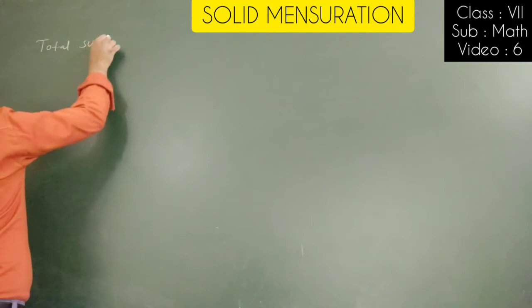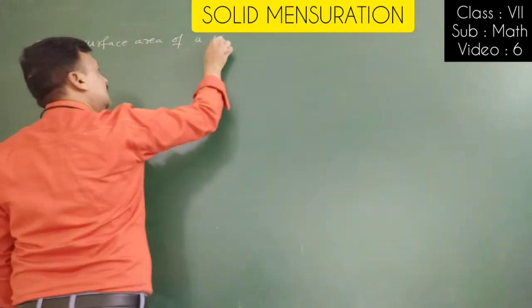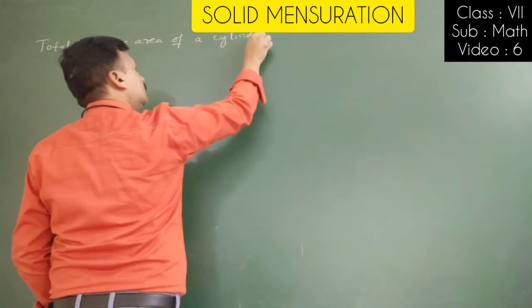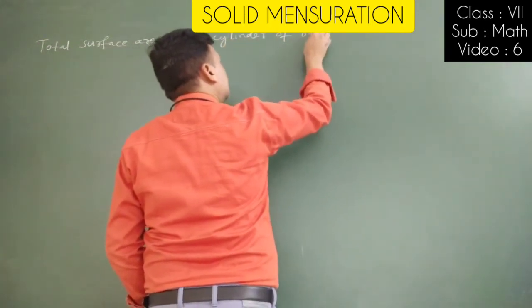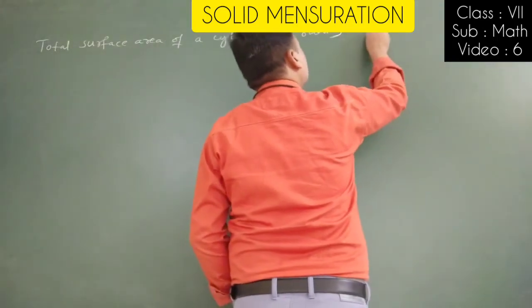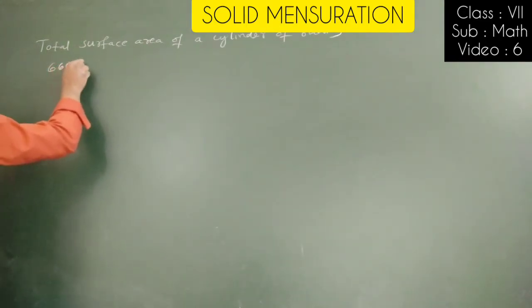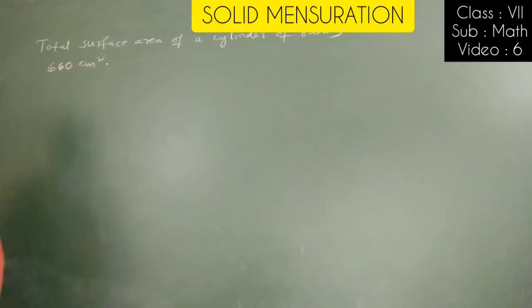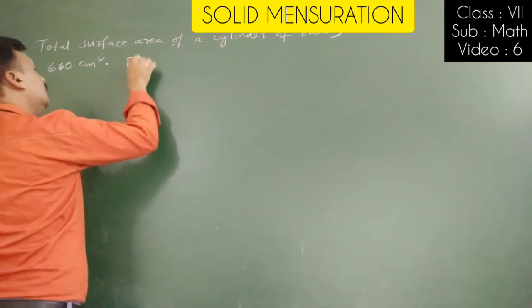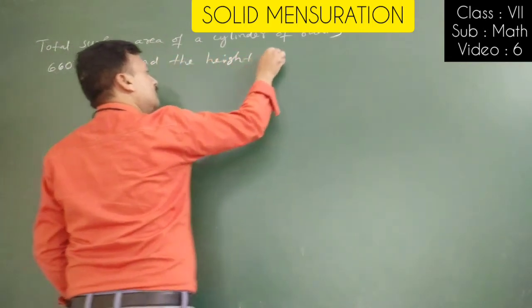Total surface area of a cylinder of radius 5 centimeters is 660 centimeters square. Then find the height of the cylinder.